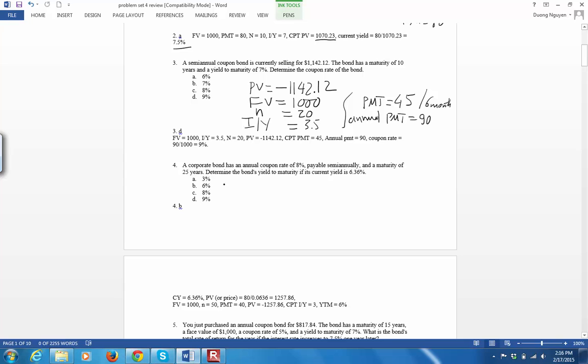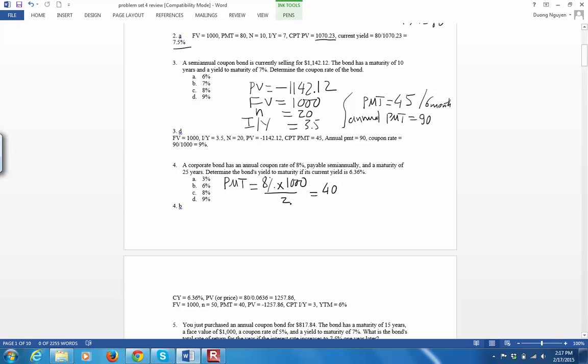To put in the calculator what you have so far, you have the coupon rate of 8%. The payment is semi-annual, so it is 8% times the par value of 1,000 divided by 2, equal to $40.